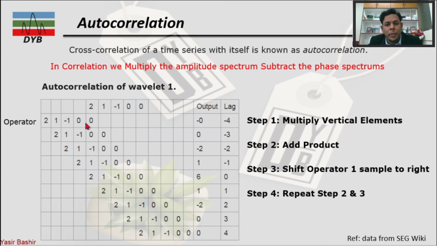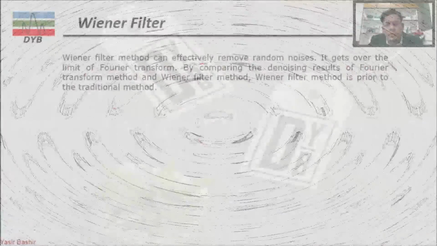We just keep it like this, multiply the vertical elements, and add the products. So let's say 2, 0, 0 gives an output of 0. Then we have 2, 0, 0 and 1, 0, 0, which also means 0, so there is nothing. In correlation, we multiply the amplitude spectrum and subtract the phase spectrum.